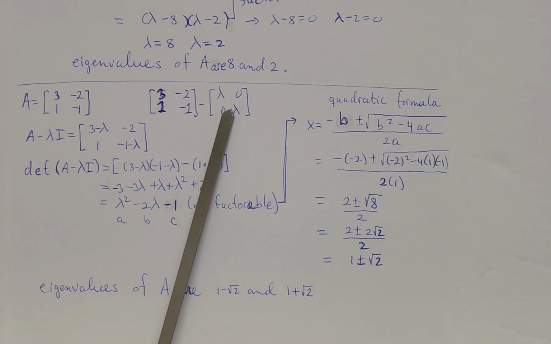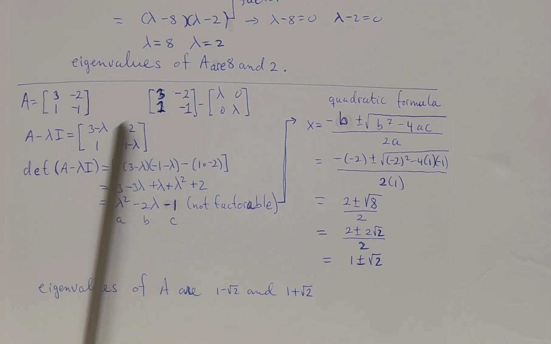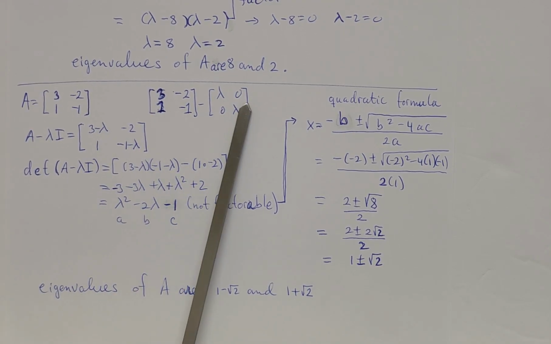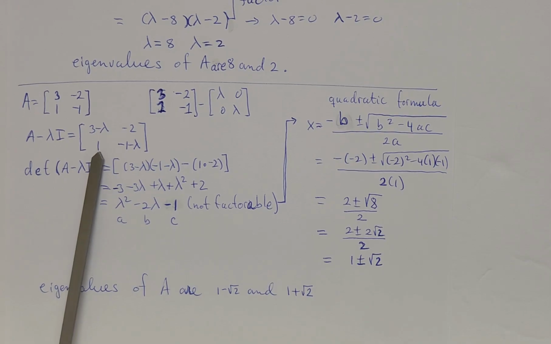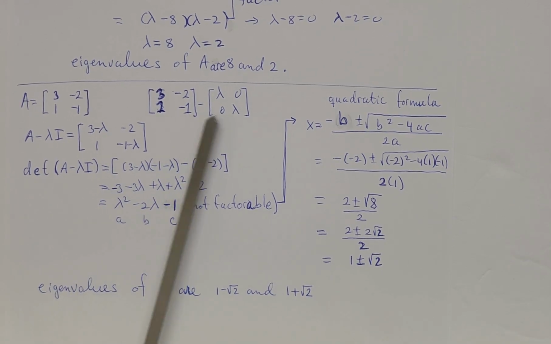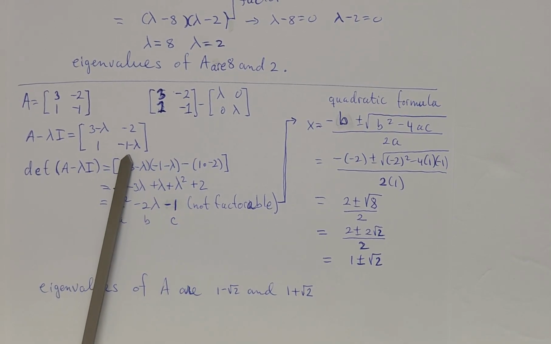Then A subtract that. So 3 subtract lambda is here, negative 2 subtract 0, 1 subtract 0, and then negative 1 subtract lambda is this right here.